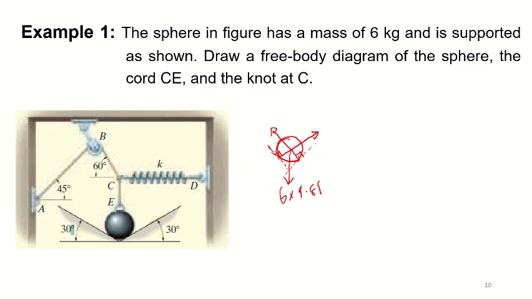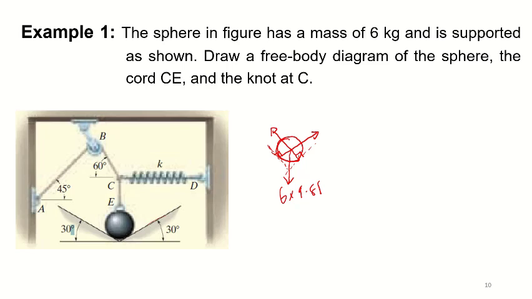Since this is perpendicular to the surface, it should go through the center of this sphere, because these contacts are tangential lines to this sphere. So anything perpendicular to that tangential line should go through the center of the sphere.